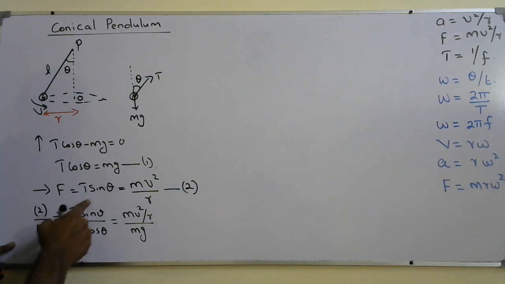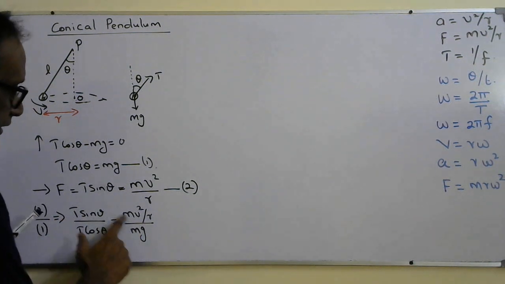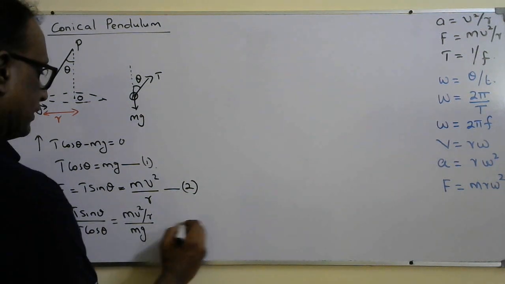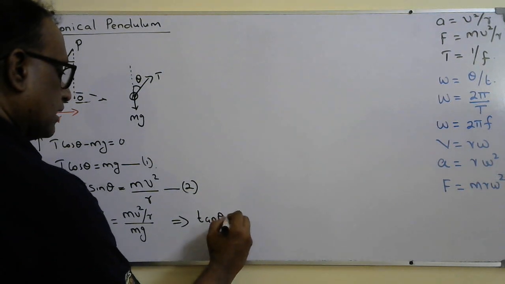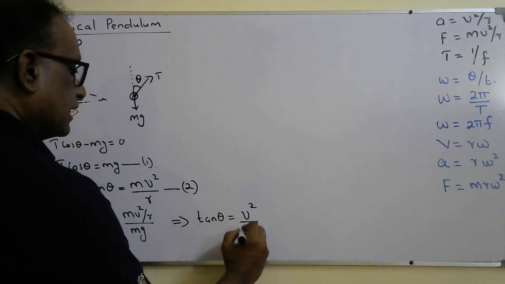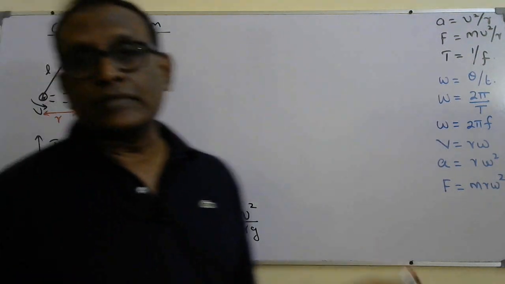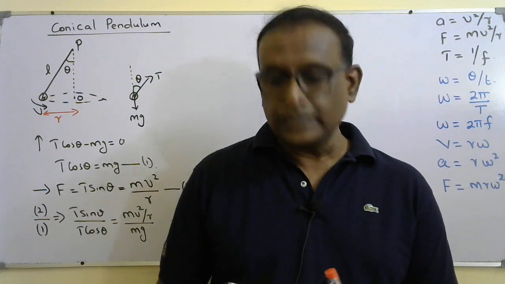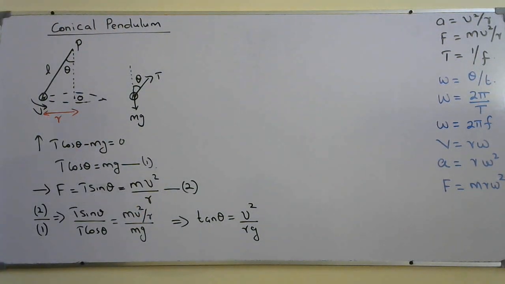T and T will get cancelled, sine over cos equal tan theta, and the m will get cancelled. So finally we get tan theta equal v squared over rg. It's not a standard equation. Several times in past papers they ask to derive this equation. You should be able to derive it by using this method.